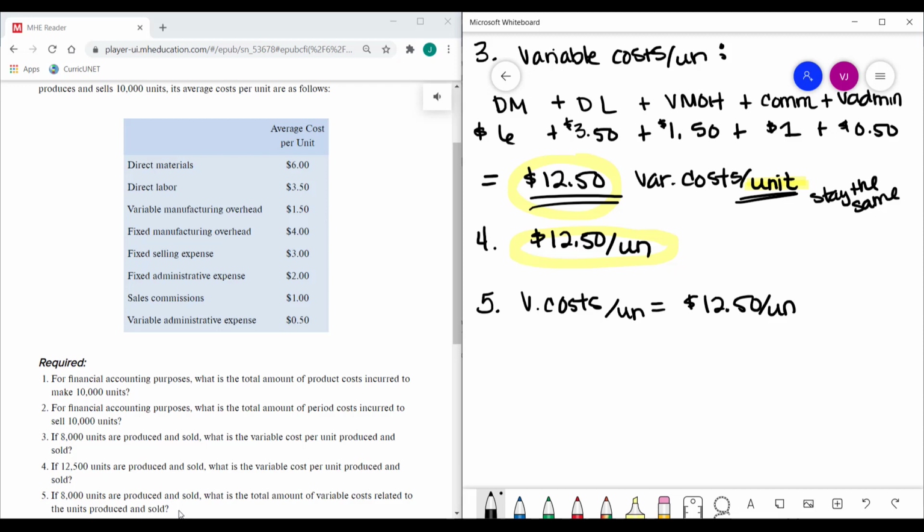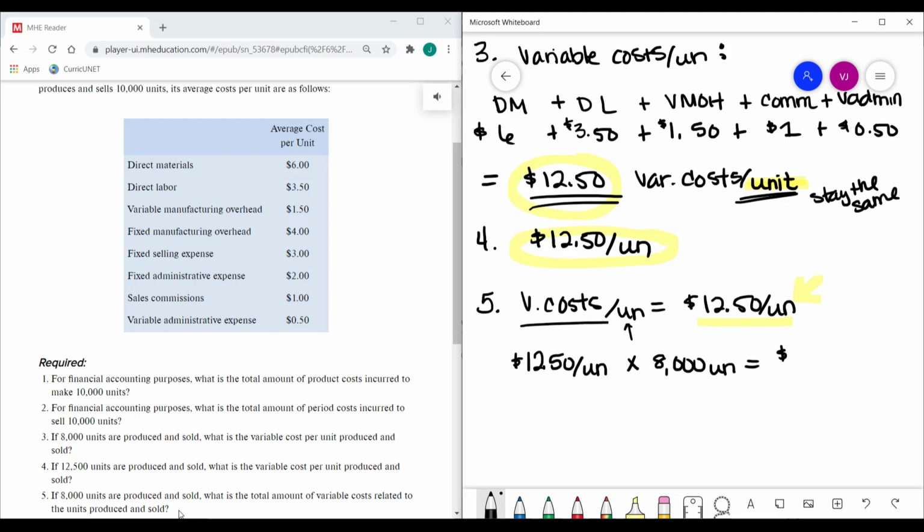Here's where we're going to convert that $12.50 per unit to a total amount. Okay, because we said the $12.50 is what stays the same on a unit basis, but now we're going to see how a variable cost varies in total depending on what you're plugging in here. So the cost is $12.50 per unit, but they're asking us, what if you produce and sell 8,000 units?